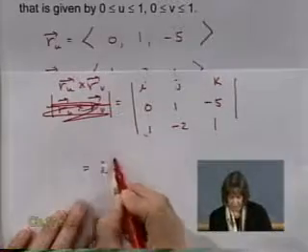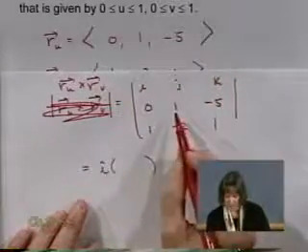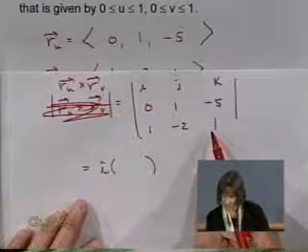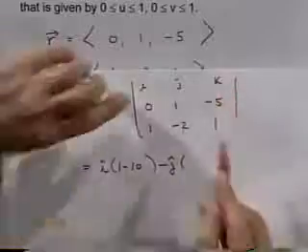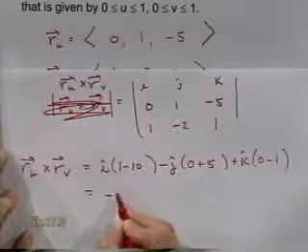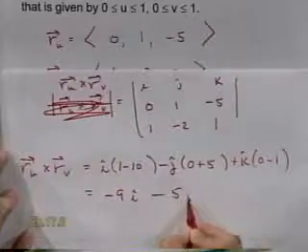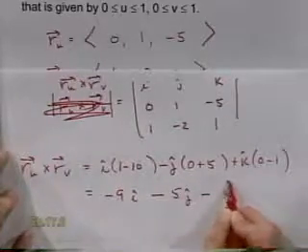So this equals i times, eliminate the row and column that i is in, so I have 1 minus 10, minus j times, eliminate the row and column that j is in, 0 minus negative 5, that's plus 5, plus k, eliminate the row and column that k is in, 0 minus 1. So ru cross rv is equal to minus 9i minus 5j minus k.